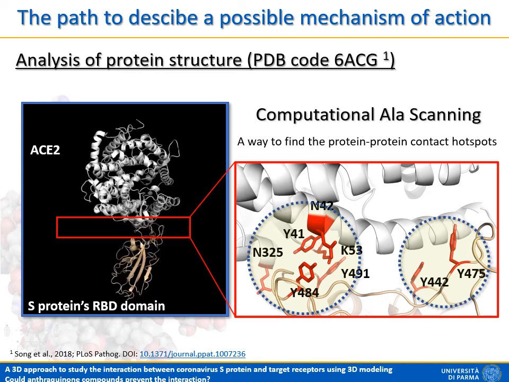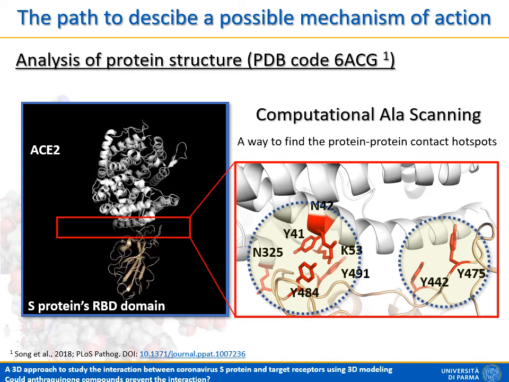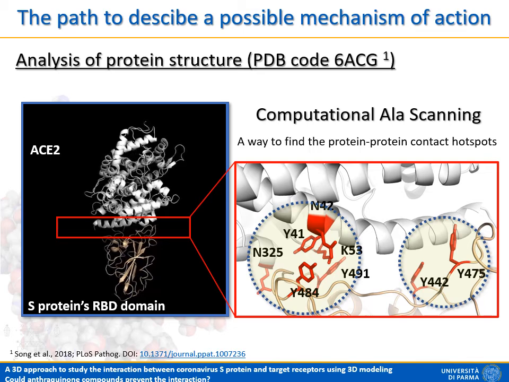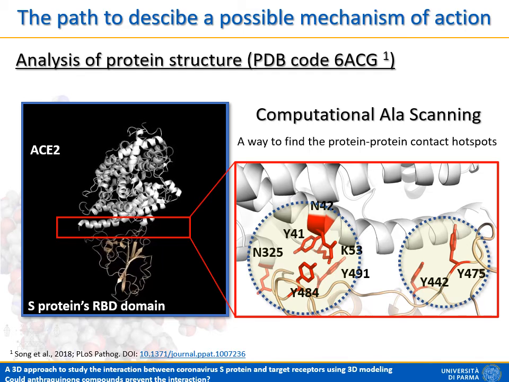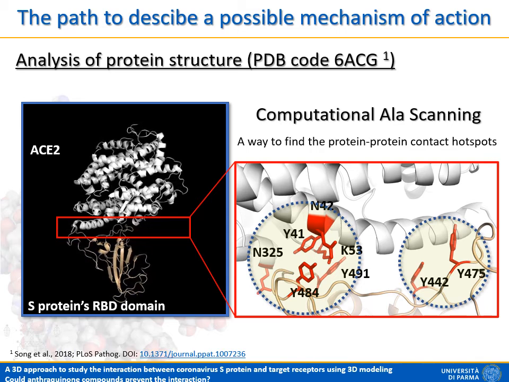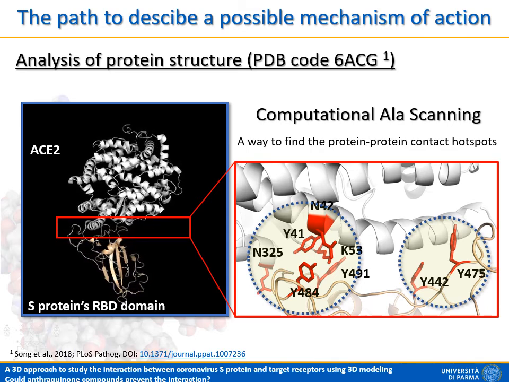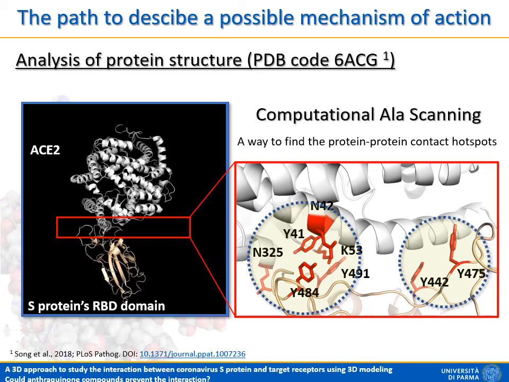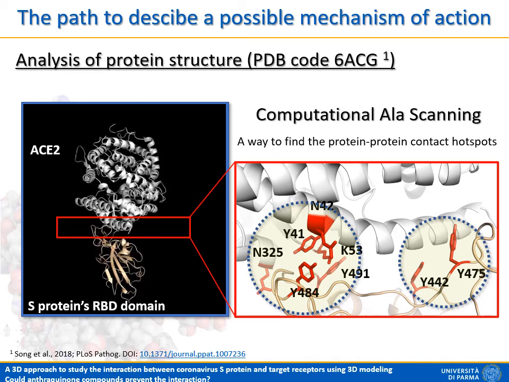And what we saw was that on the protein-protein contact surface, there were two main regions that were supposed to be, from an energetic point of view, extremely important for the complex stabilization. And you can see the regions on the right of the slide.